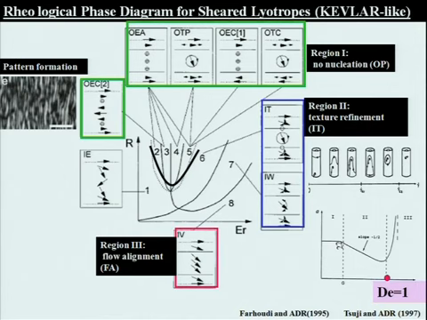Perhaps you've seen in the literature, a lot of people got very famous with these kind of transitions from tumbling to oscillations to flow alignment. But this plot of length scales ratio to shear rate is divided into 3 parts.